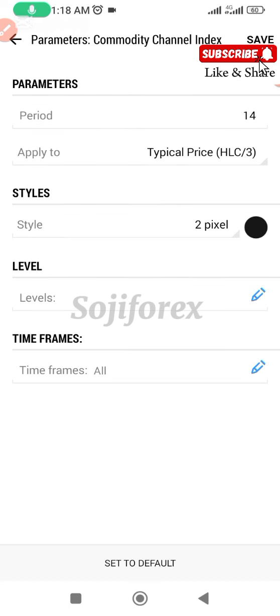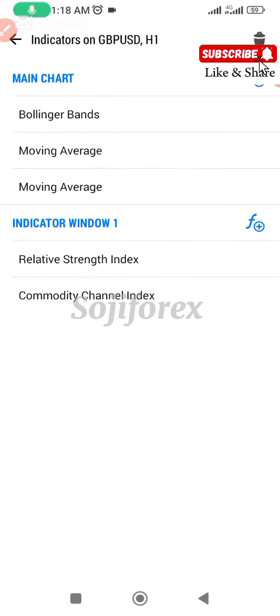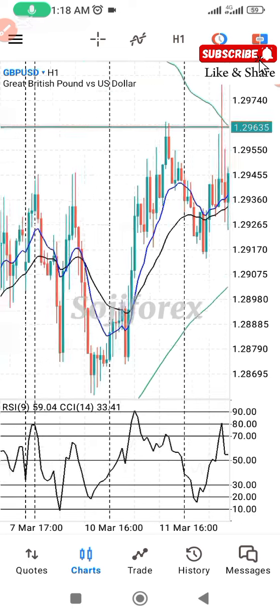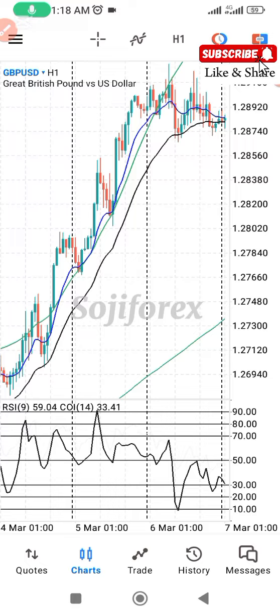Then we have our commodity channel index, the period is 14, apply to typical price, high, low, close 3, and if you've done that correctly, your chart will be looking exactly like mine. So the question is, how do we take advantage of this strategy?